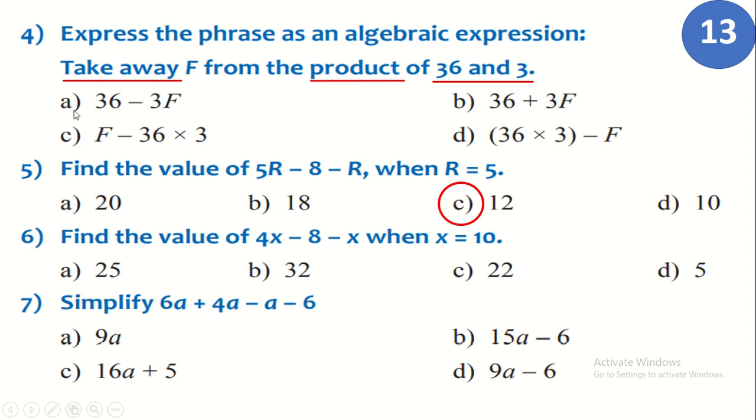If letter A, 36 minus 3. No. Letter B is 36 plus. You don't multiply 36 and 3. Letter C is 36 times 3. And letter D the same, 36 times 3. Which one is correct? C or D? Which one?